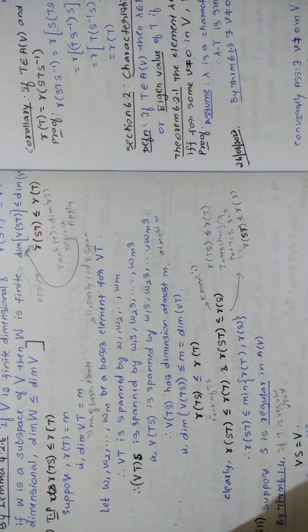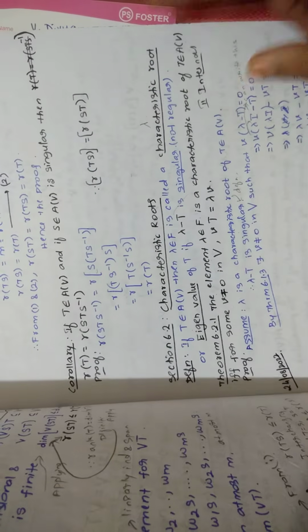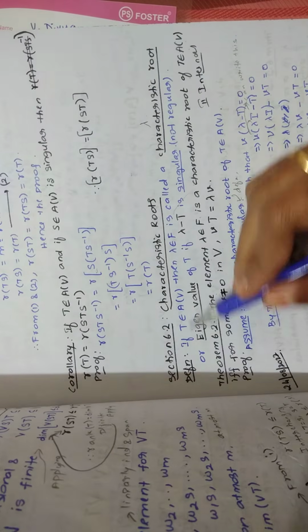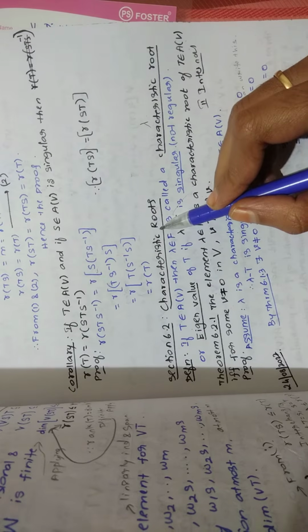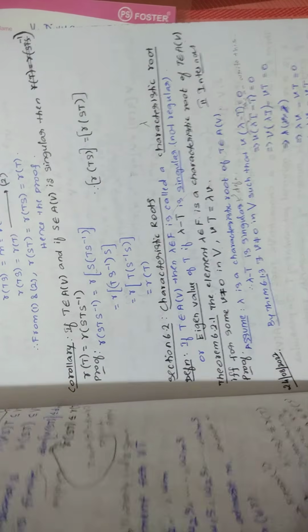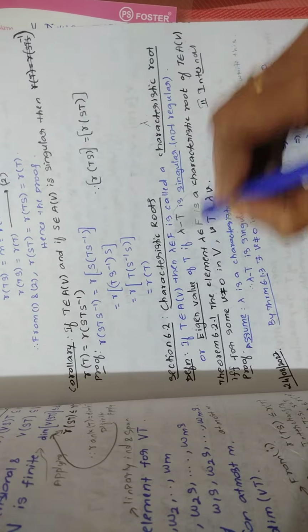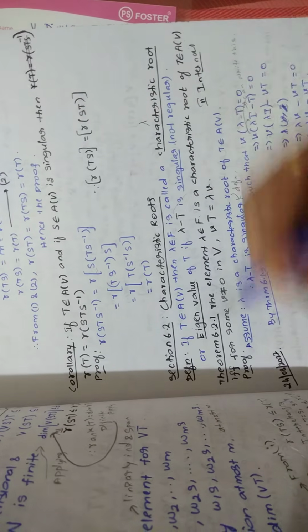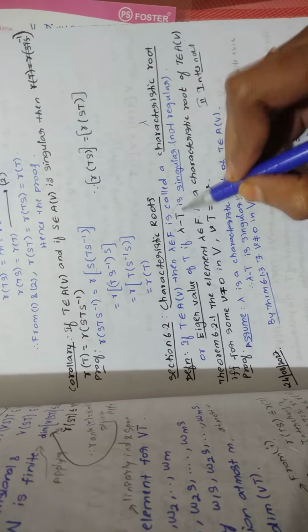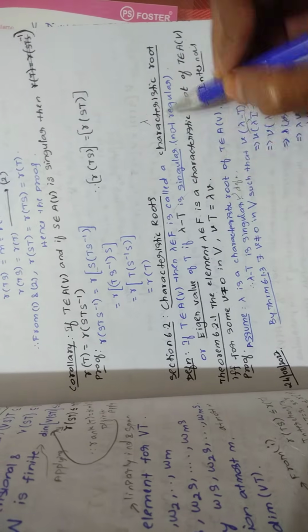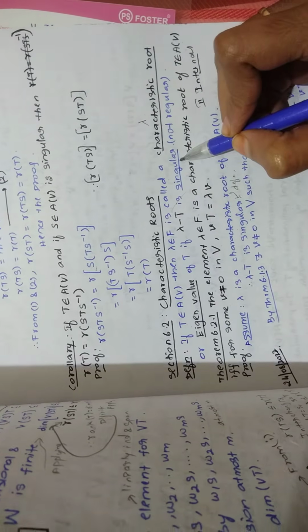Do you want to see the definition? I will show you. Here, look at this. If T belongs to A of V, then lambda belongs to F is called a characteristic root or eigenvalue of T if this lambda minus this T is singular.